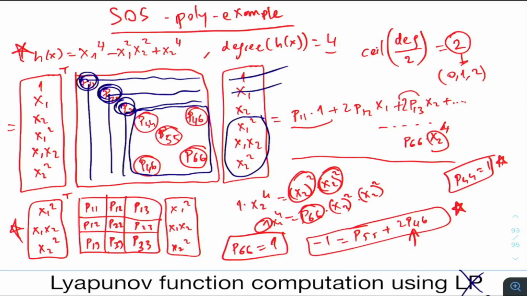P33 is 0, we just get rid of that section, and entry number 3 is this basis function, this basis term. We just get rid of those basis terms, right?